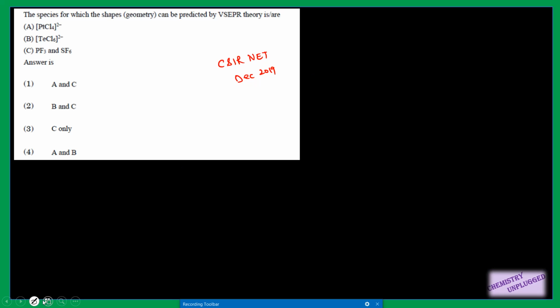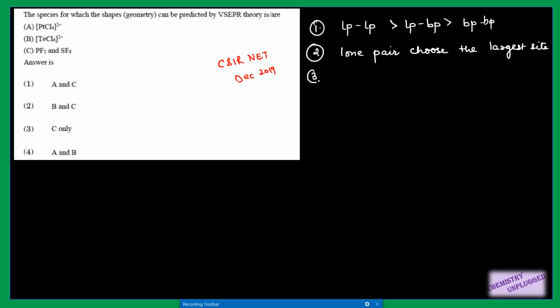Out of these points, some points are very familiar to you. First is, there will be highest repulsion between lone pairs of electrons, then lone pair and bond pair, then bond pairs of electrons, right? This will be the correct order. Then the second point, which I have already told you, is that lone pairs choose the largest size.